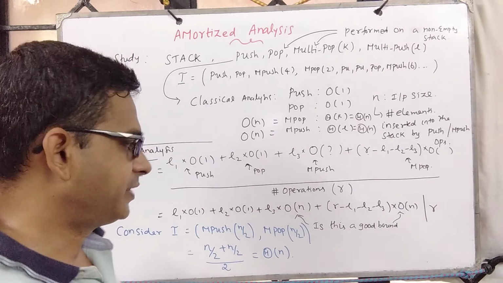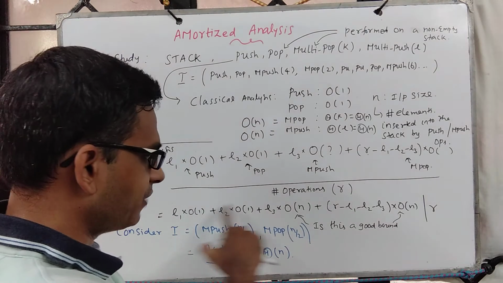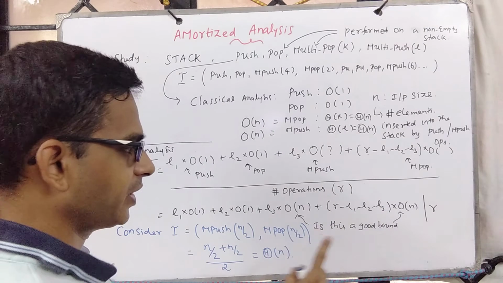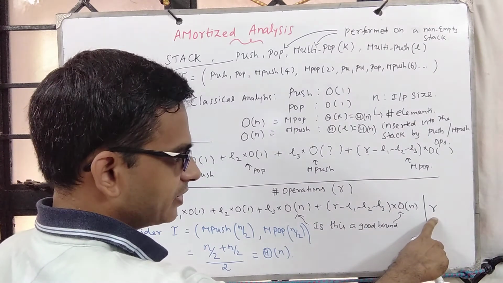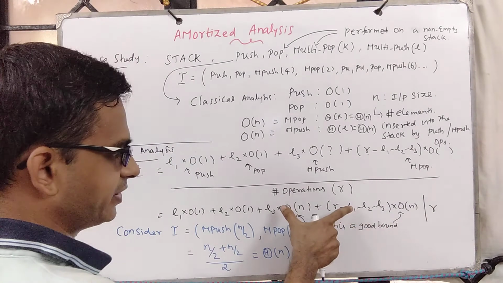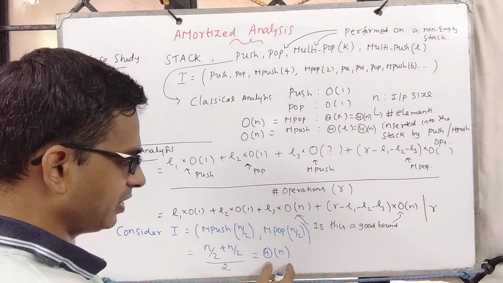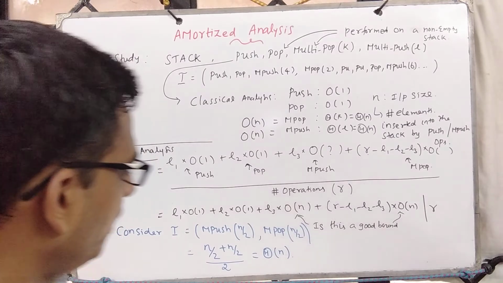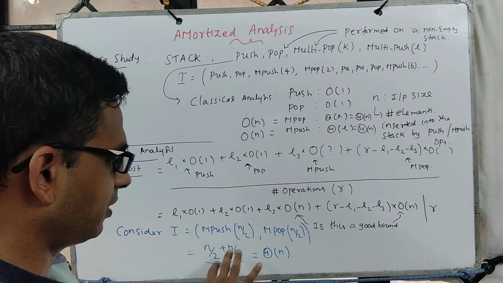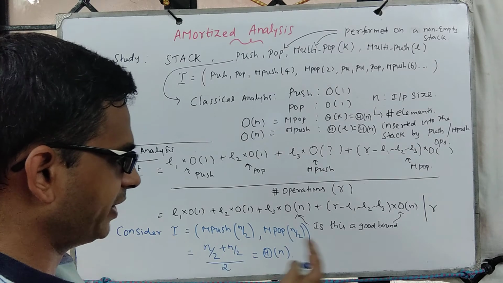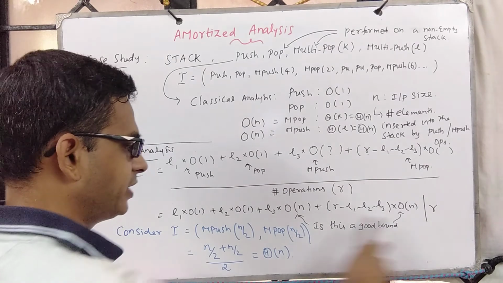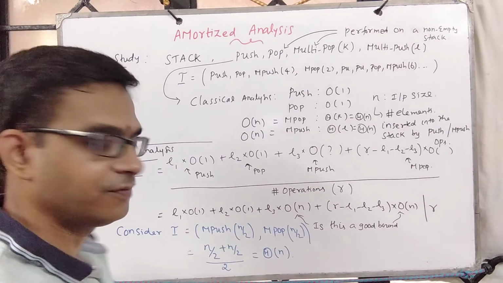Intuitively, you look at it this way. The contribution from the numerator is a function of n, the input size, and the number of operations in the denominator is constant. So on simplification, we get this. You can even consider push, pop, then multi-push of n by 2, multi-pop of n by 2. All that will tell you the denominator is constant, whereas the numerator is a function of n.